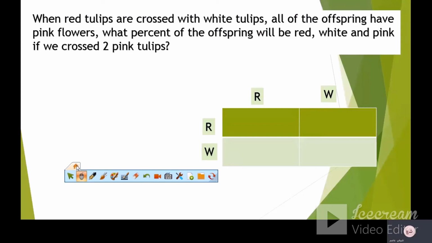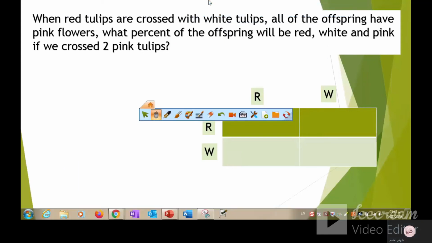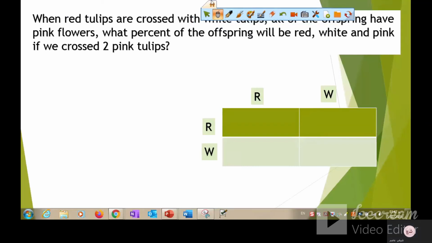And what happens if we cross the two pink tulips? Let's symbolize the red one with R and the white one with W. So the pink will be RW.